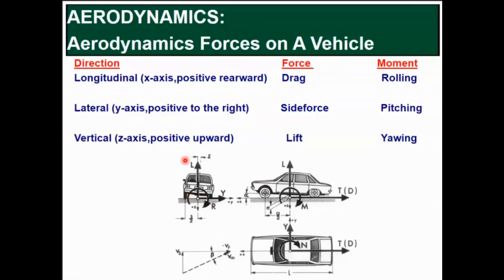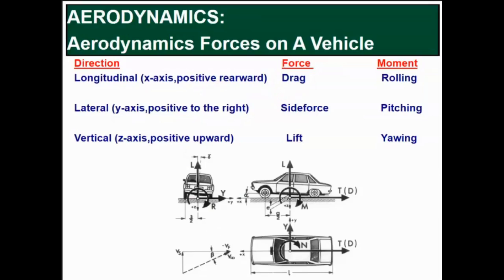The aerodynamic force will act in the opposite direction of the vehicle travel position, and the value will be positive in the rearwards direction. Kita panggil dia drag force lah, drag force.